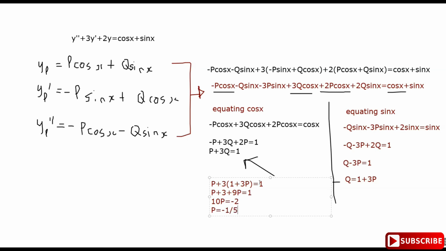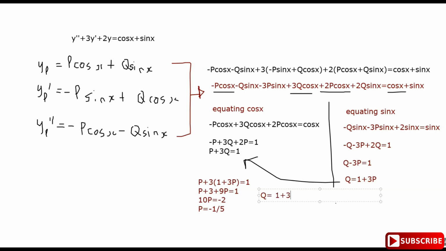That is p. Since this is what I get for p, then I can now evaluate q. q is then going to be equal to 1 plus 3 times minus 1 over 5, which is 2 over 5. That is q. Nice.